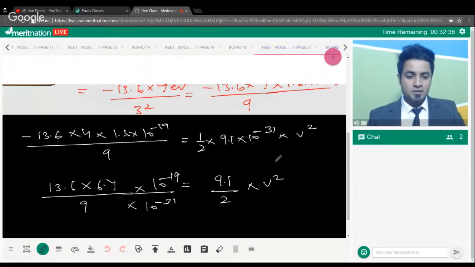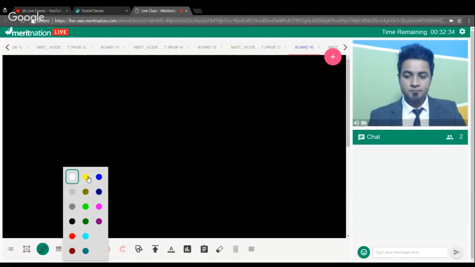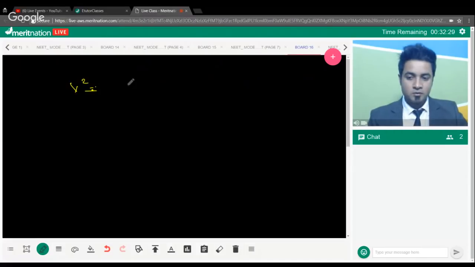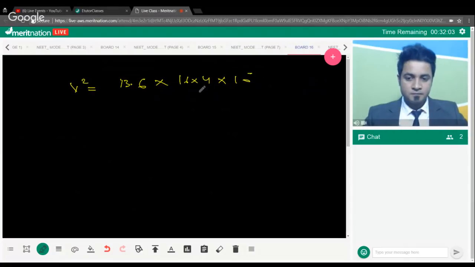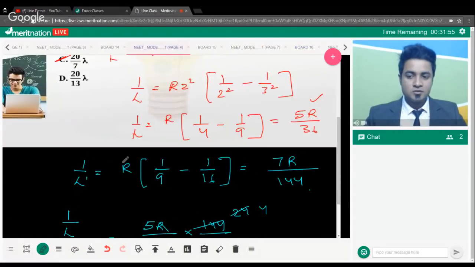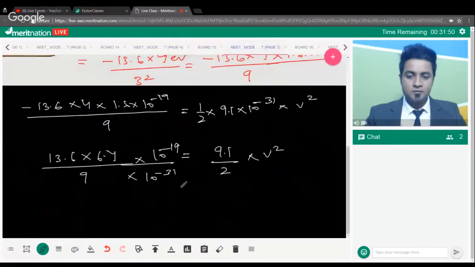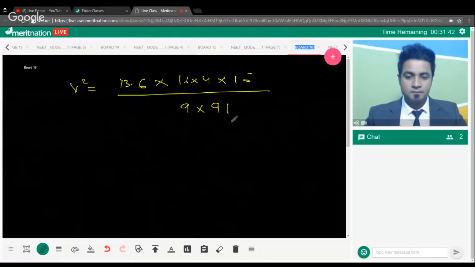If you solve this one, guys, v square will be equal to 13.6 into 9, 16.4 into 10 power minus 19, upon 9 into 9.1 times 10 power minus 31. If you solve everything from here, it will give you this kind of relation: 13.6 into 16 into 4 into 10 power minus 11 into 2.